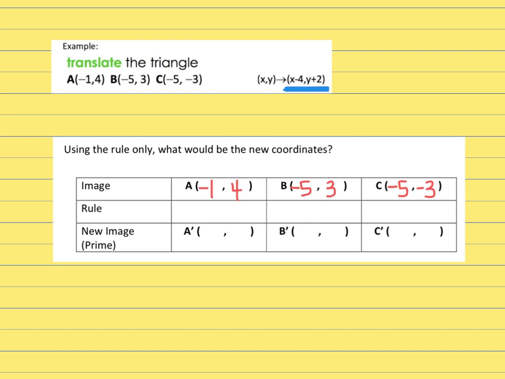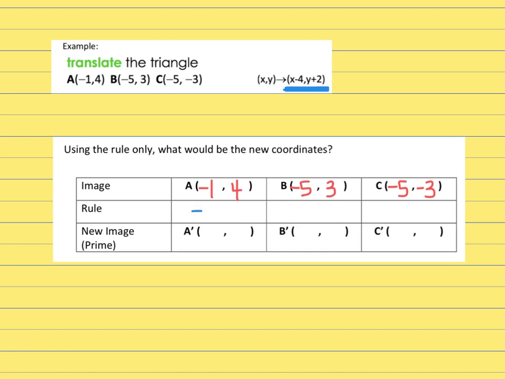So, in this middle row that says rule, I'm going to write what I'm going to do to each one of these values, and then I'll put the new quantity underneath where it says new image. Notice where you put the letters, they have apostrophes right after them so that you can tell the difference between the original image and the new image. This is also called prime.